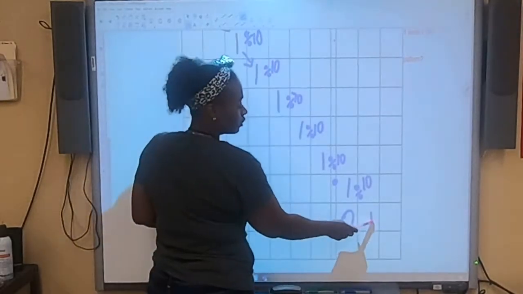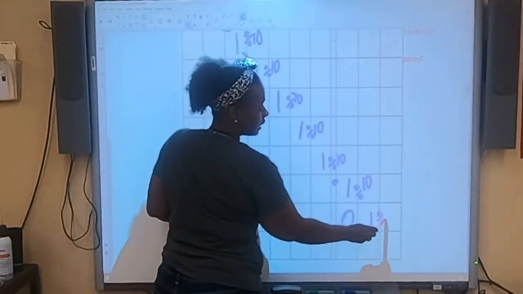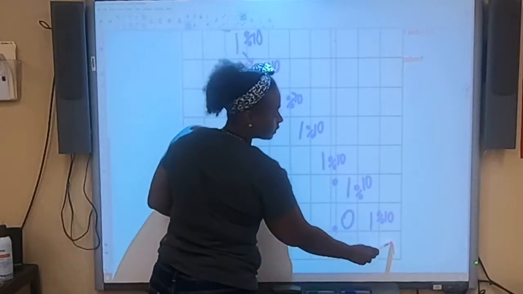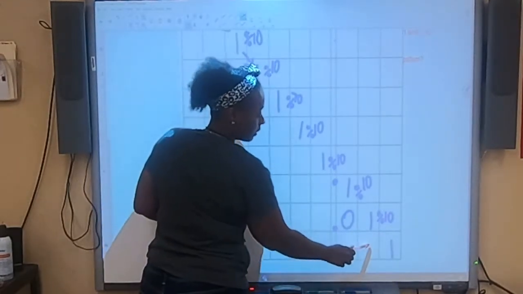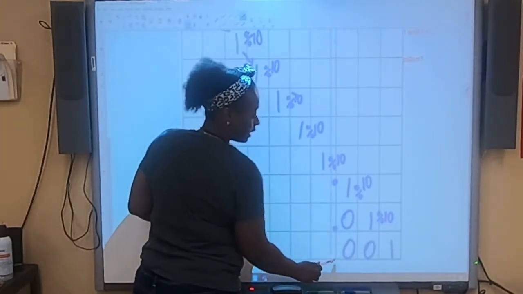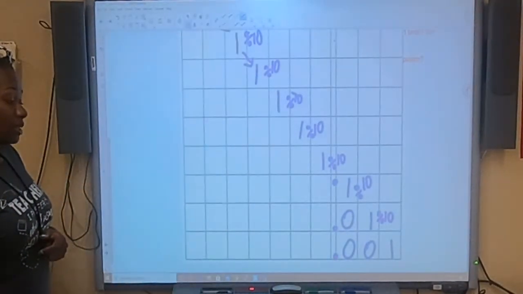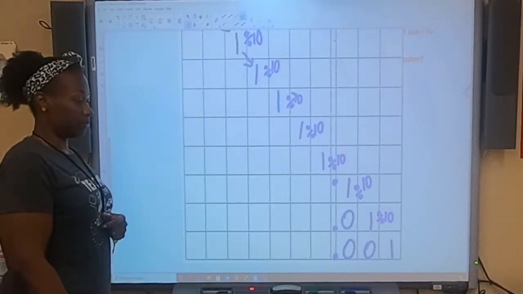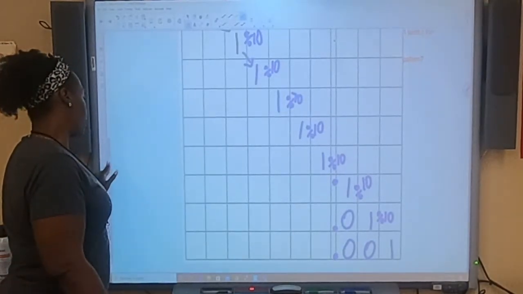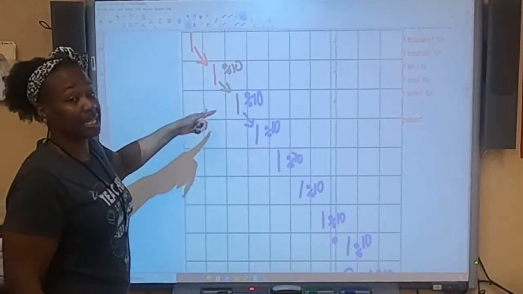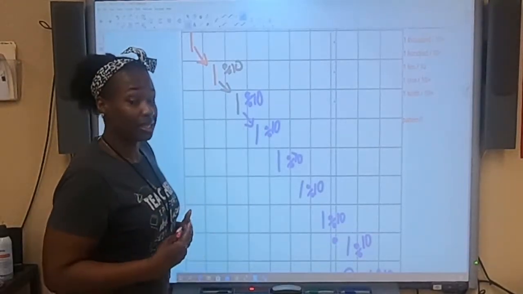Now if I take my hundredths place and divide it by 10, that's going to take that 1 over to the thousandths place. Remember, we have to get back to that decimal. So 1 thousandth looks like that: decimal 0, 0, 1. So remember my pattern. Whenever I divide by 10, I'm shifting to the right 1 time.